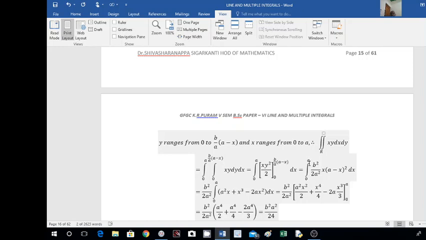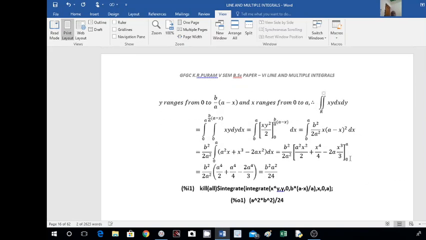This is equal to the integral from 0 to a. Here, in place of y, we put the limit. Putting the upper limit, we get b squared by a squared into (a - x) whole squared. This x is as it is, and the 2 is as it is here: x (a - x) whole squared dx.